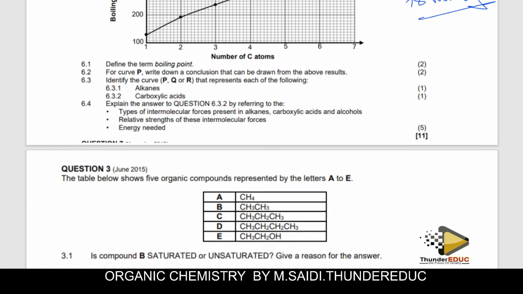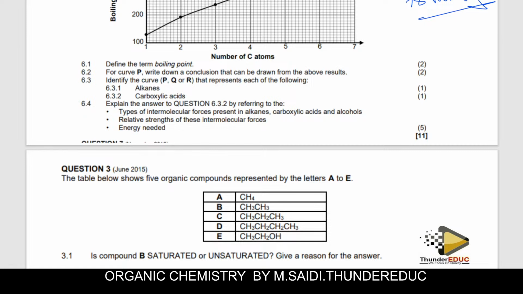For the case of carboxylic acid, in addition to London force and dipole force, they have what we call hydrogen bonds also, but with two sides of hydrogen bonding. The bonding are there with the two sides because of the number of oxygens this molecule has.